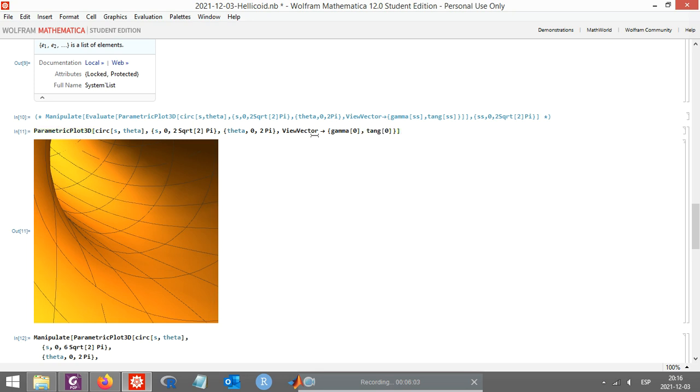But I have to do this dynamically. This is just evaluated at point 0, but I want to do it for every s in the tubular helix.